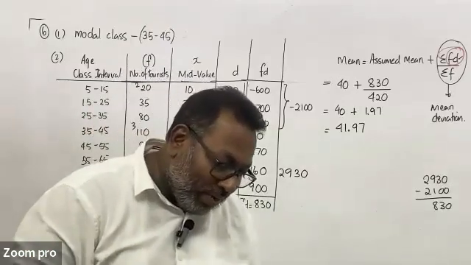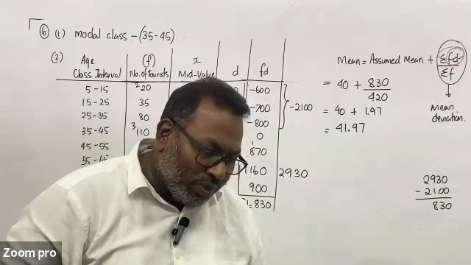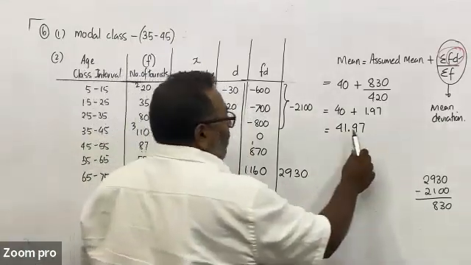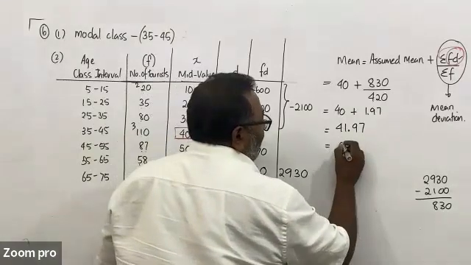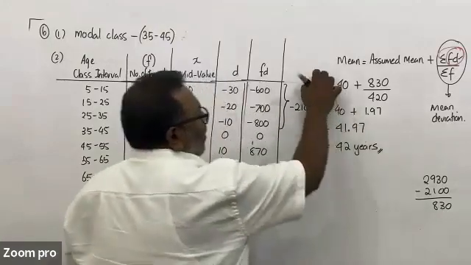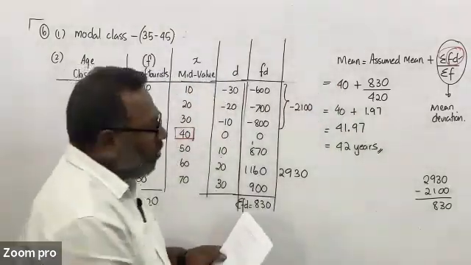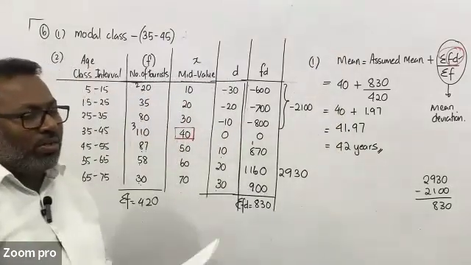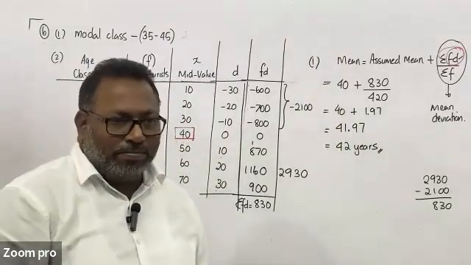Are they giving us any values? Find the mean age of tourist to the nearest year. To the nearest year, 41.97, we'll write it as 42 years is your average. Okay, so that is the average age of a tourist.